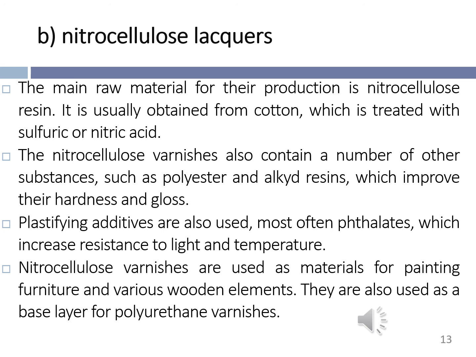The nitrocellulose varnishes also contain a number of other substances such as polyester and alkyd resin, which improve their hardness and gloss. A variety of other materials are used in the production of nitrocellulose varnishes.